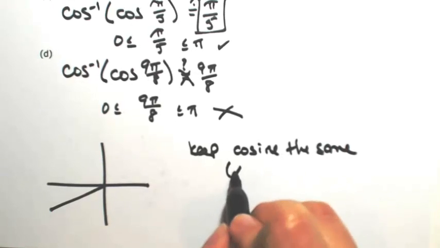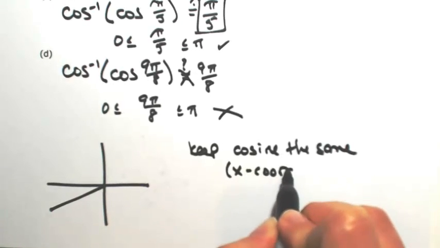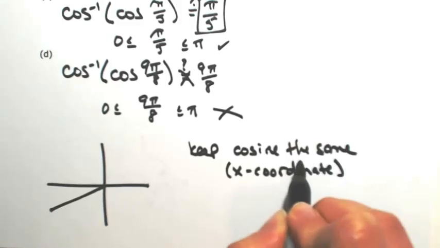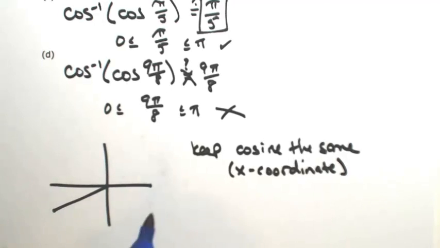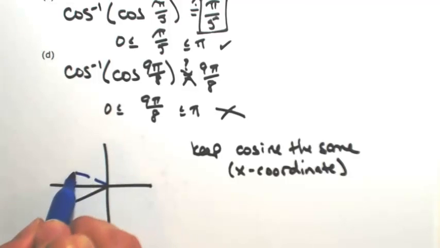In other words, I'm going to keep the x-coordinates the same. Okay, so I'm going to redraw this angle so that x stays the same. Keep in mind, inverse cosine, we have to look at either the first or second quadrant because it's between 0 and pi. So you can see it's going to be in the second quadrant.